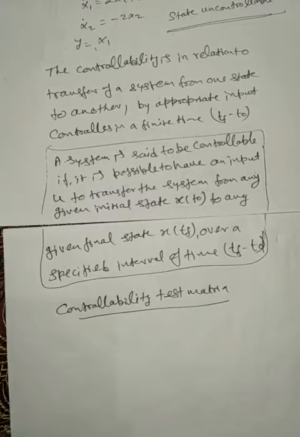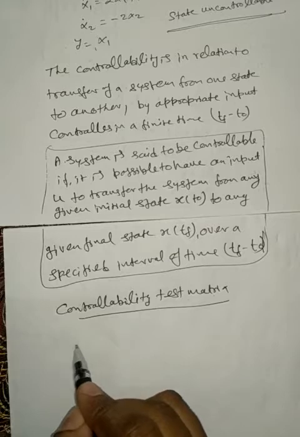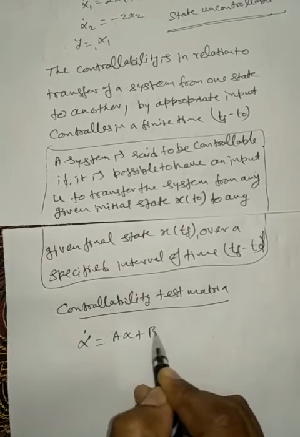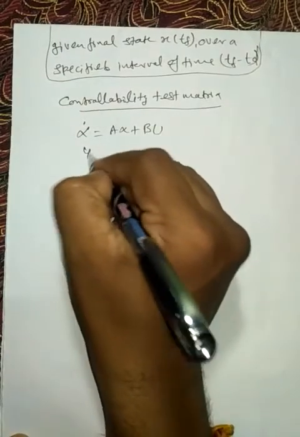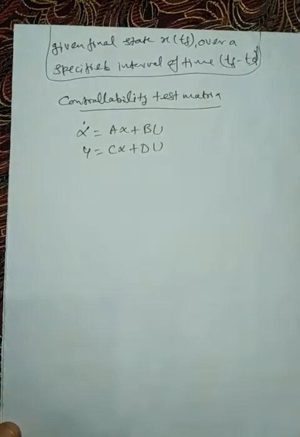And what is the controllability test matrix? It is derived from here. We have the state model as x dot is equal to ax plus bu, and y is equal to cx plus du. This is our state model.